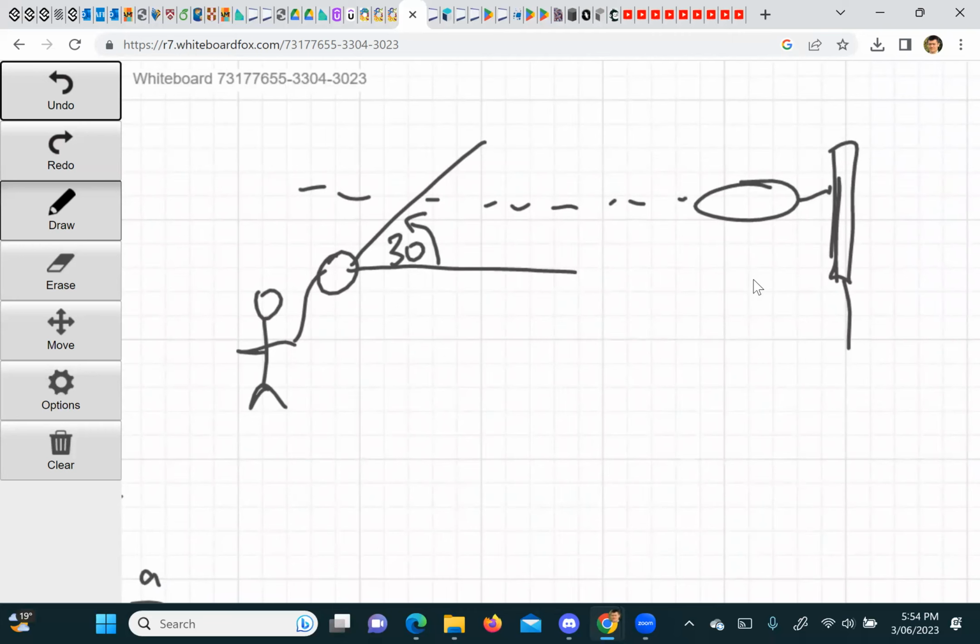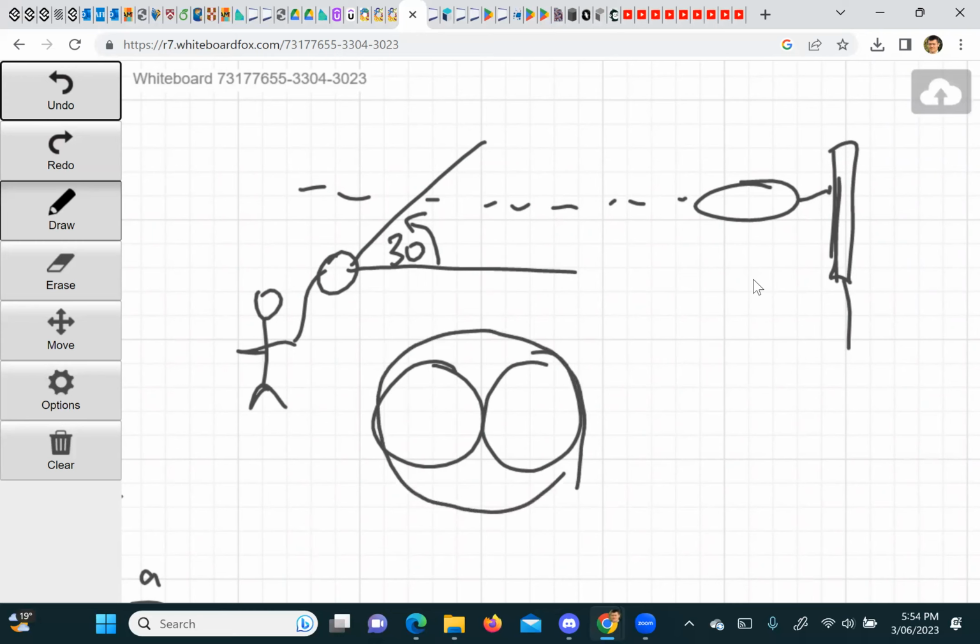The thing we need to assume, so we actually know that the width of the basketball is half the width of the ring. You can fit exactly two balls inside the ring along the diameter.